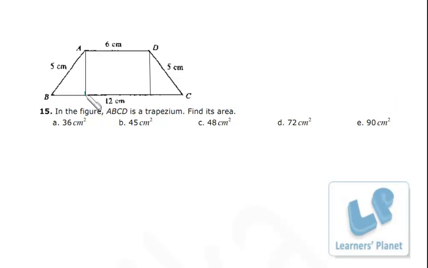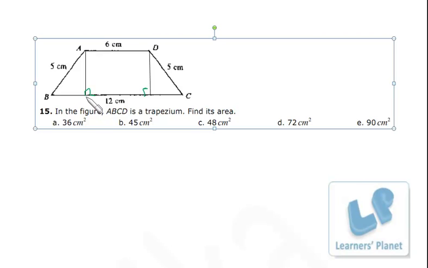This is a right angle, so from this point to this point the length will be 6 centimeters. The total length is 12, so the remaining 6 will be distributed equally among this and this, being a symmetric figure. So this has to be 3 and this will also be 3.